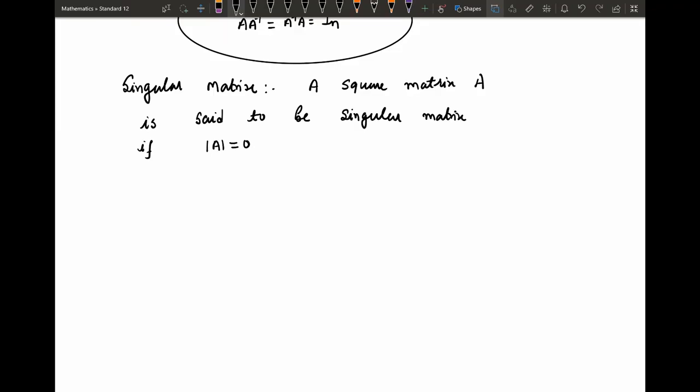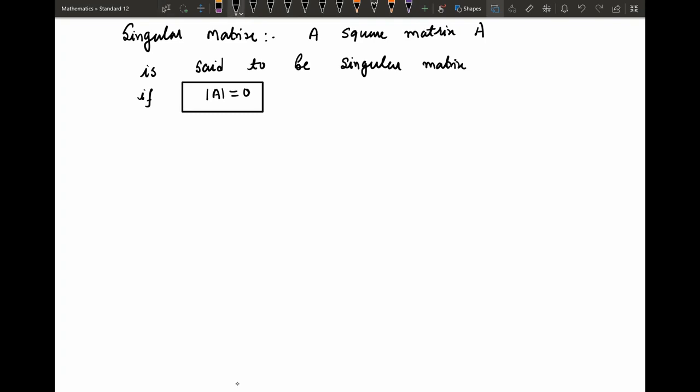So if determinant A is 0, then we will consider the matrix as a singular matrix. This is the condition so that matrix A is singular. So any square matrix A is singular if and only if determinant A equal to 0.